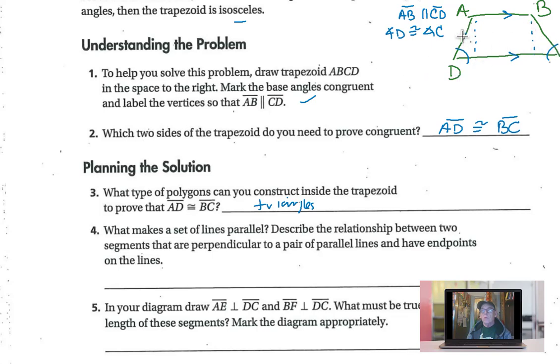These two would be congruent, gives those two sides congruent. Maybe, possibly with diagonals. This triangle and this triangle, you got congruent angles, but we don't really know until we know it's isosceles that those are going to be congruent. So we'll see. But some kind of triangles.